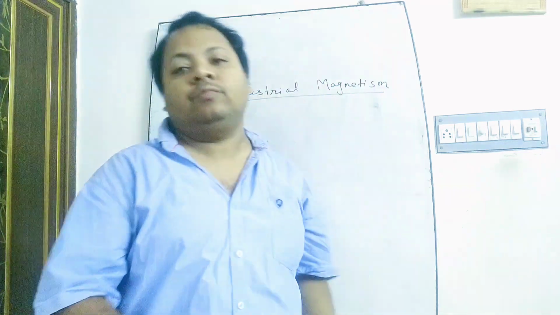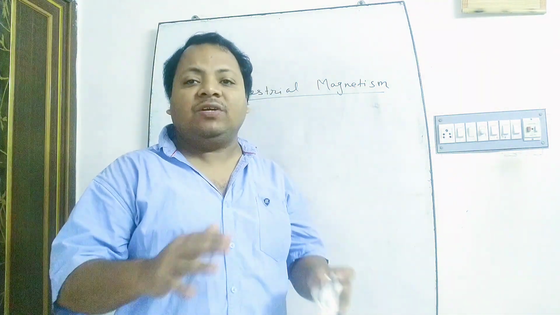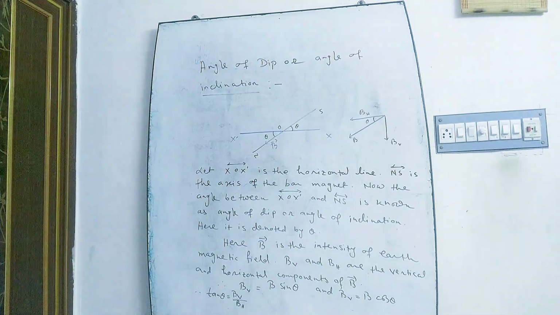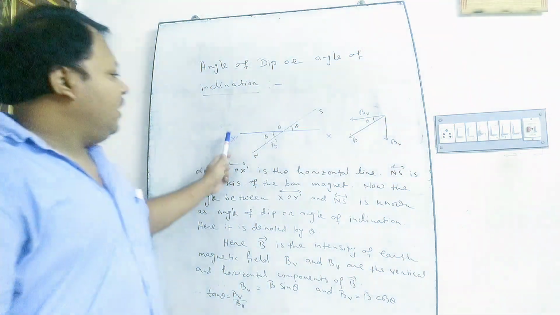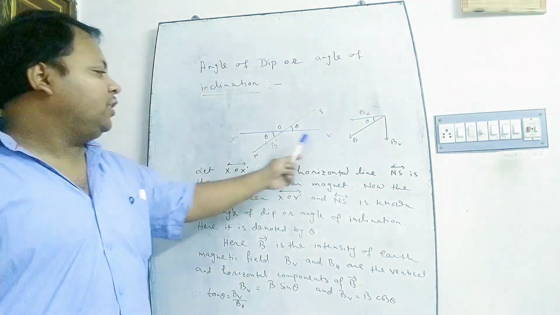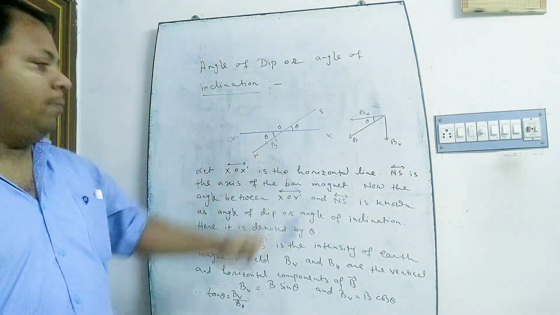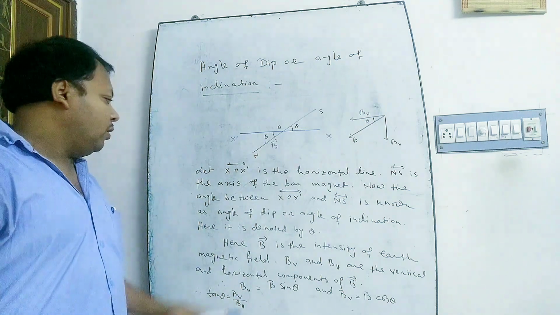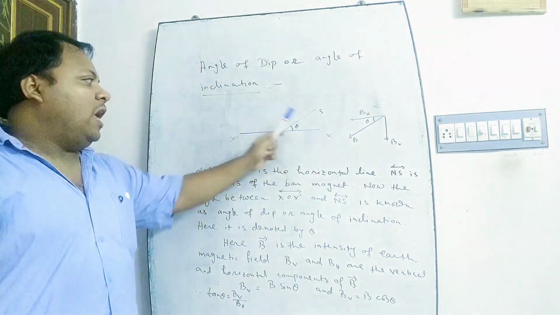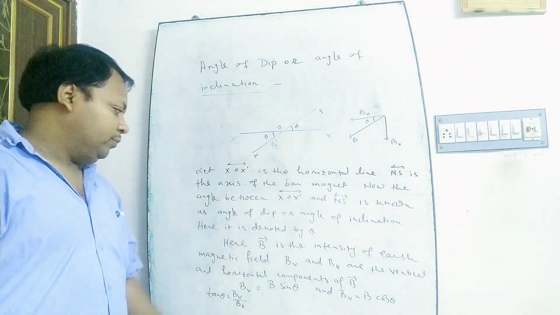Now I am going to discuss some details. Let X prime OX be a horizontal line. NS is the axis of the bar magnet. The angle between the horizontal line and the axis of the bar magnet is known as the angle of dip or angle of inclination.